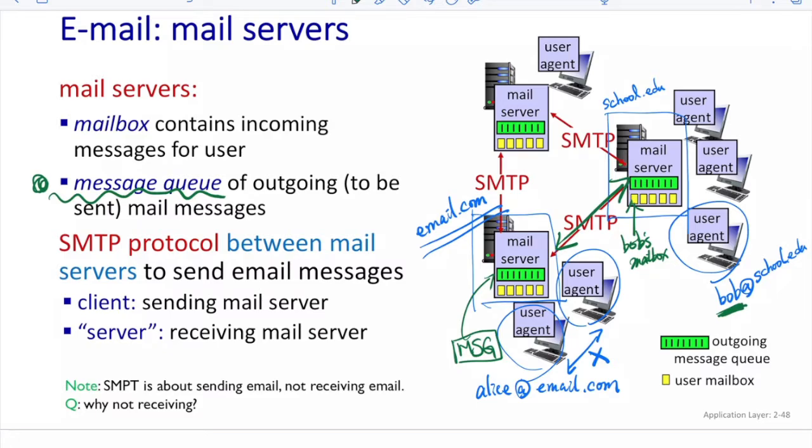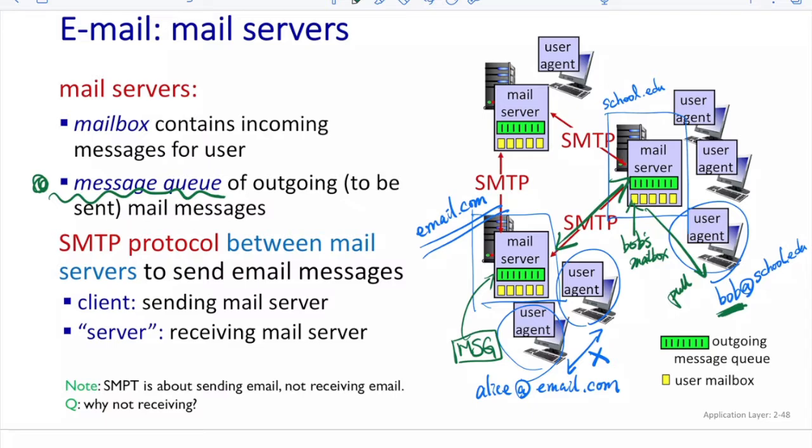After Bob is online, when Bob's user agent is online, it will create a new socket and connect to its mail server to retrieve the mail queued in Bob's mailbox. We use the word pull: they will pull the message back to the user agent, and that's it.